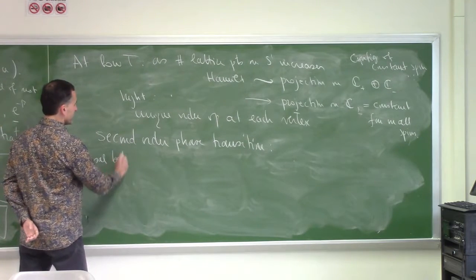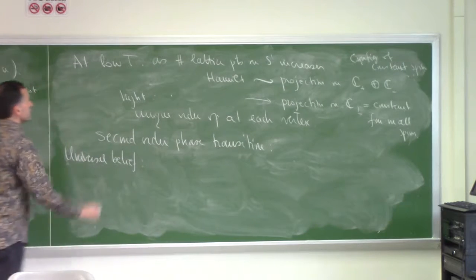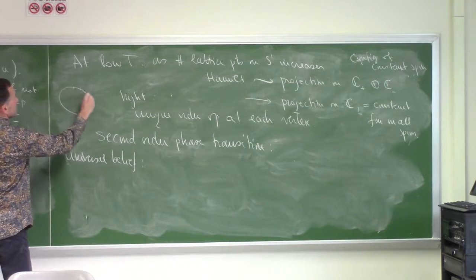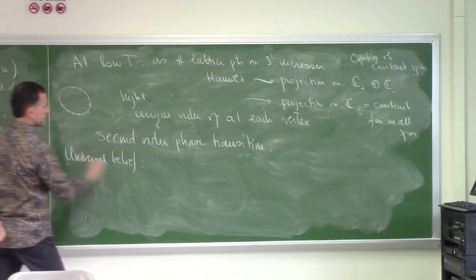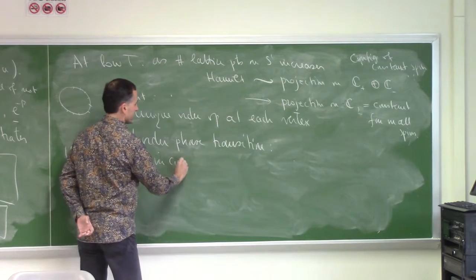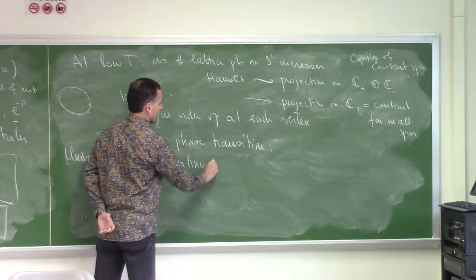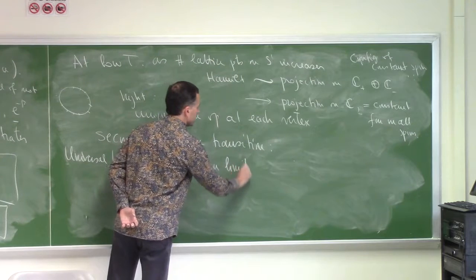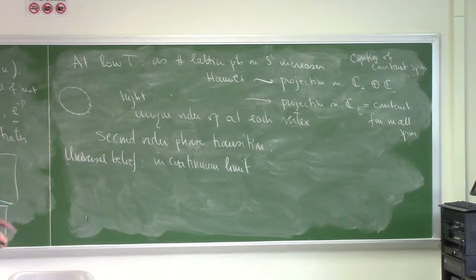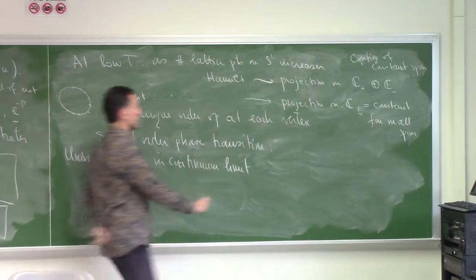Universal belief: in the continuum limit, when we start making the lattice infinitely dense, the Ising model approaches a quantum field theory, and that's one that's very well known, the free fermion theory.